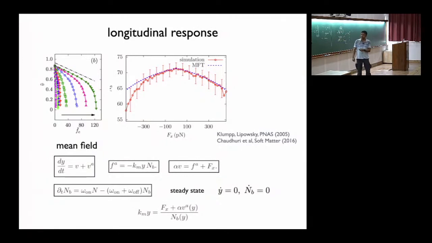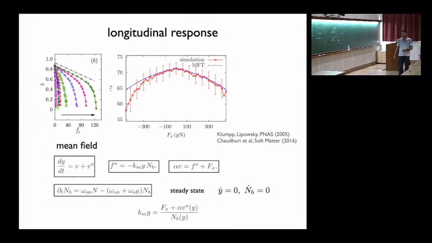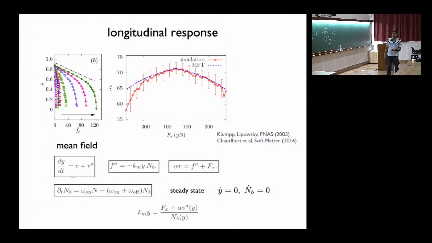From this you can get to a steady state approximation and a self-consistent equation, y depends on y, which you can solve numerically, and these lines are those numerical solutions. From these you can figure out two things: the total number of bound motors, and also the velocity of this filament, this v.